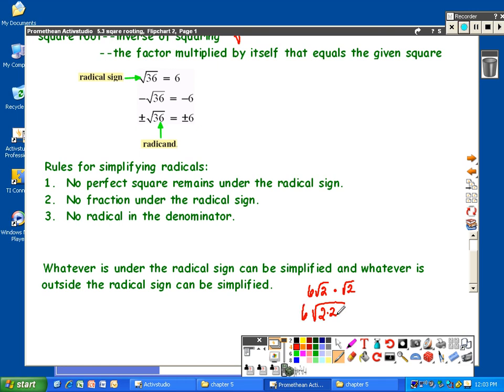The square root of 2 times 2 is the square root of 4, which is 2, so this would actually be 6 times 2, 12. And we'll do quite a few more examples of these no rules on the next page, making sure what's outside gets put together and what's inside gets put together.